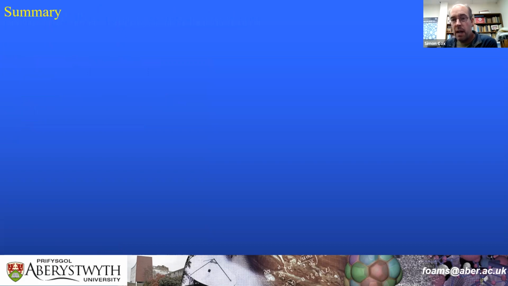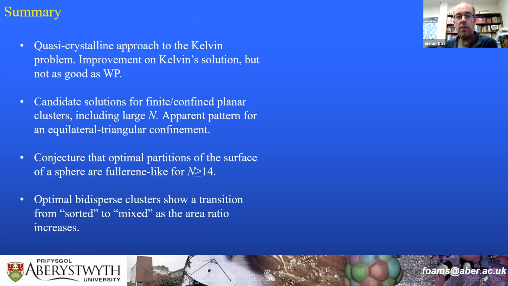So I am out of time. I shall conclude rather briefly. I've showed you 4 or 5 different minimal perimeter problems, minimal surface area problems for packing bubbles. And we have some conjectures, we have some evidence, but we don't have any definite results for quasi-crystalline space fillers, trying to beat the Kelvin problem.